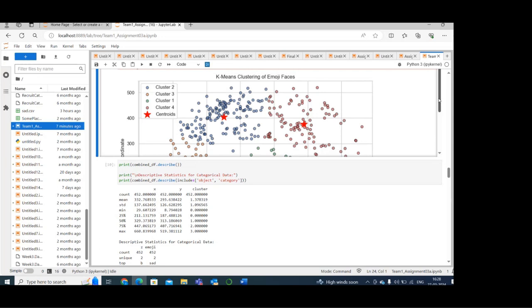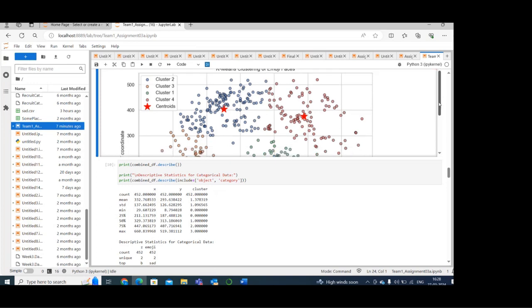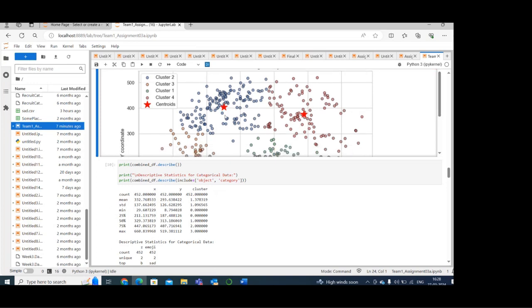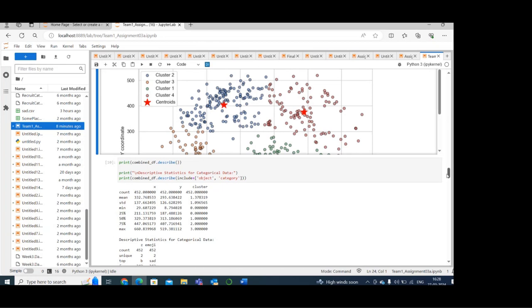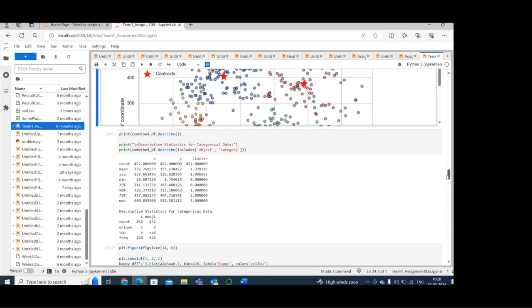If you look at the clustering, you can see the overlap on the eyes and majorly on the face, and the centroids are plotted for the same. So yeah, that is our k-means clustering. So moving on, Pushkar will take over and explain the rest.